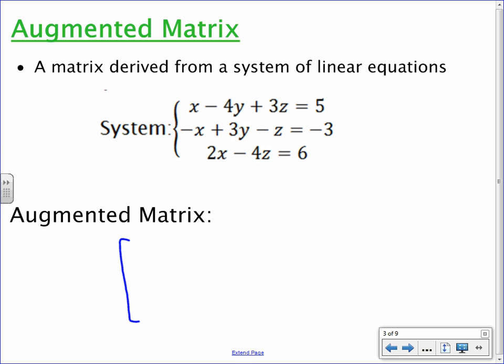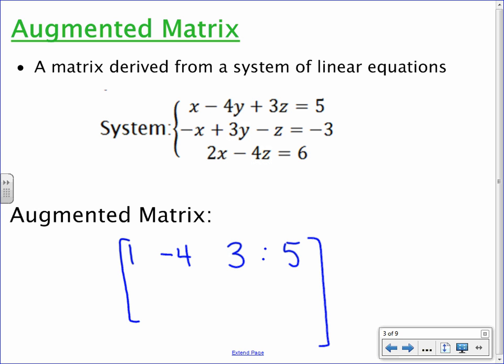We just look at the coefficients. So 1x minus 4y plus 3z equals 5. So there's our first row, where this colon takes the place of our equal sign.